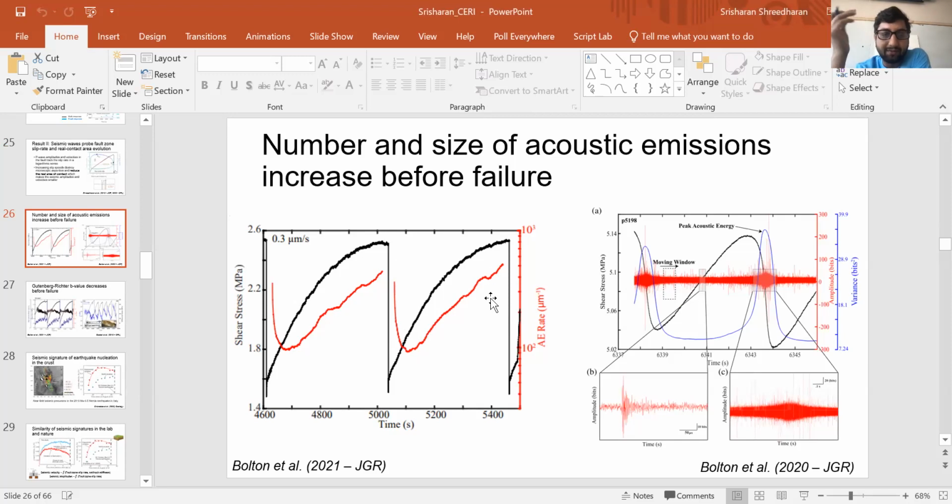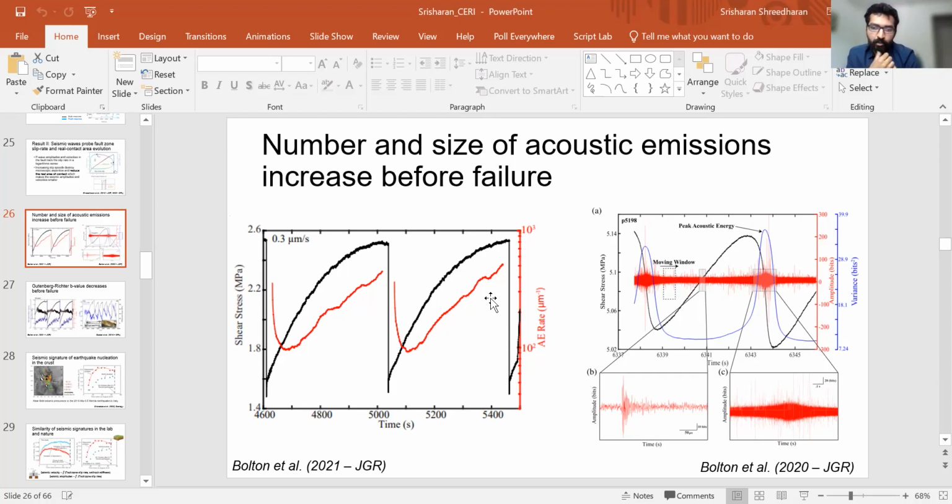Just my basic understanding, because as we increase the shear stress, the rate of AEs should be increasing in the same way. In the experiment I'm working on, when I plot the same plot, I have more exponentially increasing AEs before the failure.